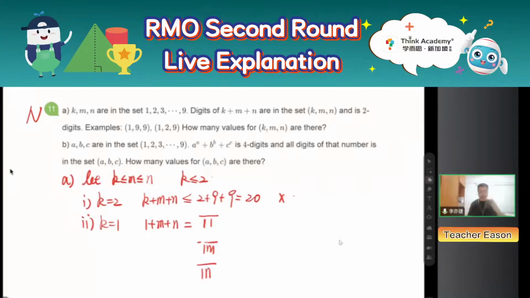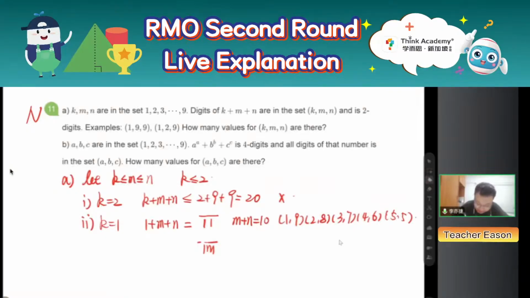The last two cases are the same, so maybe we just write it as 1m instead. Now if the number is 11, we're just using the two ones, then we make m plus n equal to 10. So how many ways are there? We have 1, 9; 2, 8; 3, 7; 4, 6; 5, 5. Right? We have 5 cases.